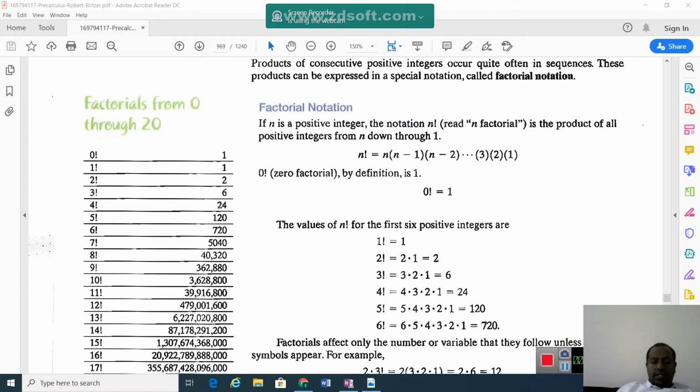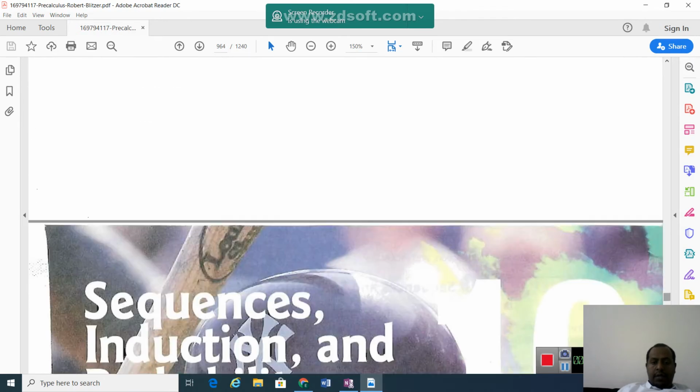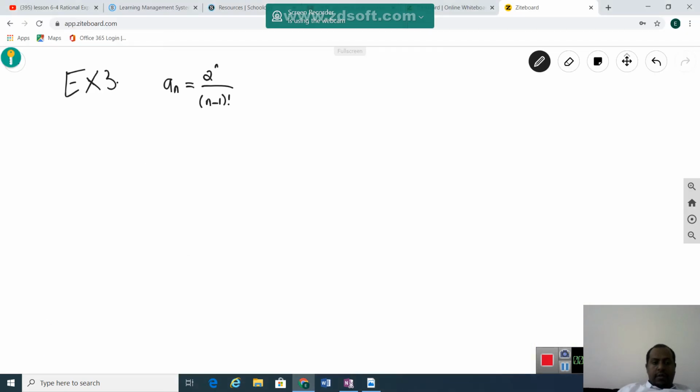So let's go to example 3, which involves factorial notation. In example 3, you are asked to find the first four terms of a sequence given by a_n is equal to 2 to the power of n over (n minus 1) factorial.